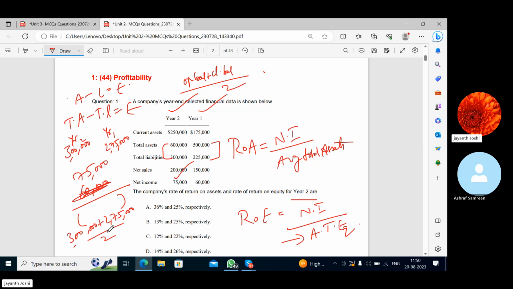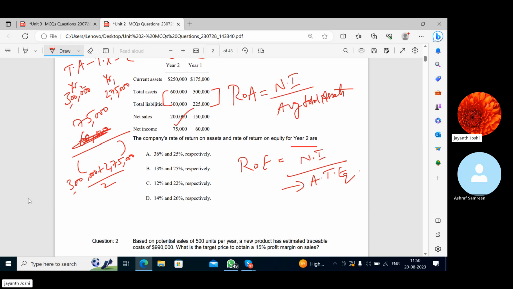So 3 lakhs plus 2.75 divided by 2 is 2.875, right? 2 lakh 87,000. So 3 lakhs plus 2 lakh 75,000 divided by 2 is 2 lakh 87,500. 75,000 divided by 2,87,500 is 26%. Okay, which we have here.